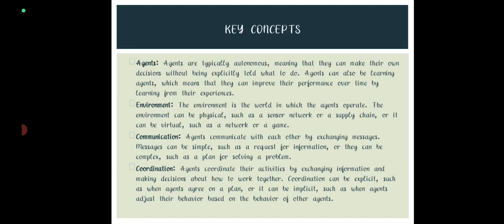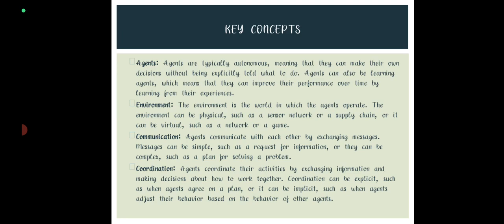Messages can be simple, such as a request for information, or they can be complex, such as a plan for solving a problem. Next one is coordination. Agents coordinate their activities by exchanging information and making decisions about how to work together.